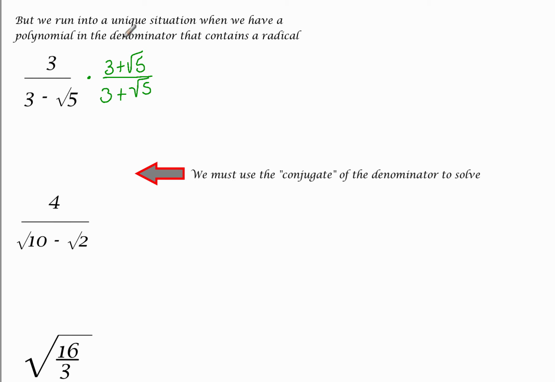Watch what happens. All right, if I multiply the top across, that's not bad because it's a monomial times a binomial. So we distribute, get 9 plus 3 radical 5. Well, on the bottom, we have a binomial times a binomial. I'm going to do double distribution. First, I'll distribute a 3. 3 times 3 is 9. 3 times radical 5 is 3 radical 5.